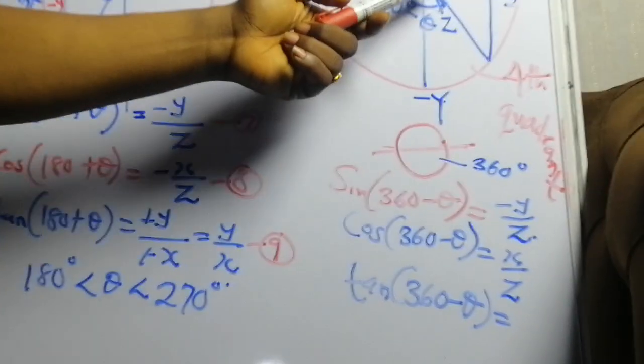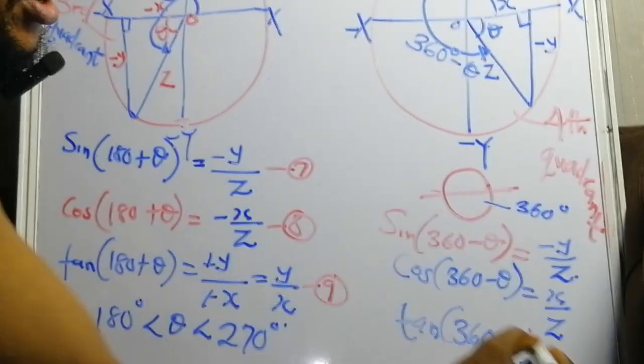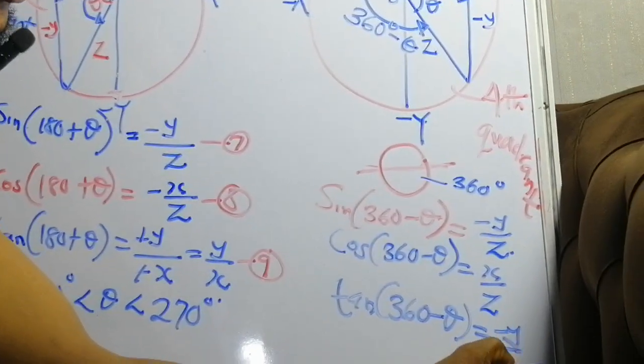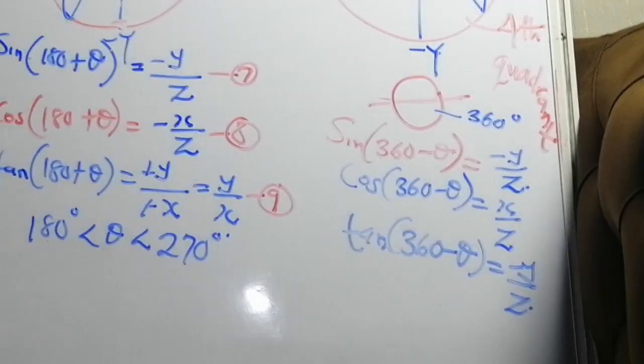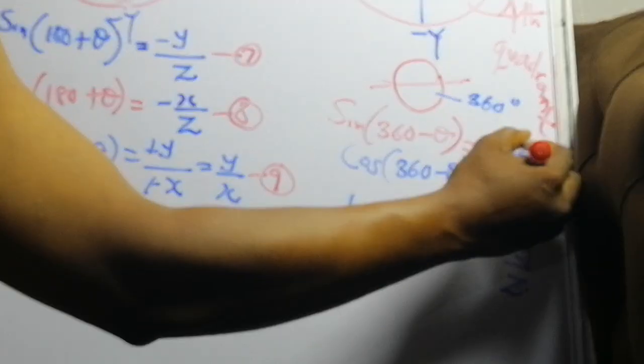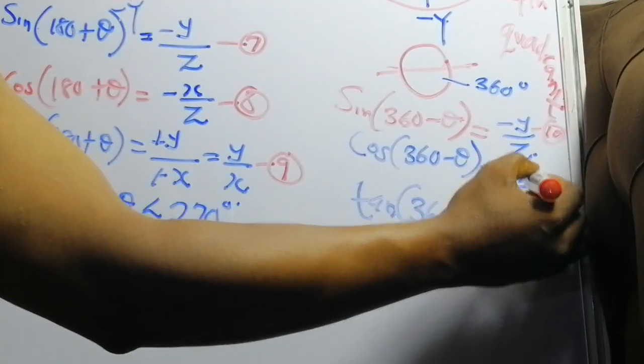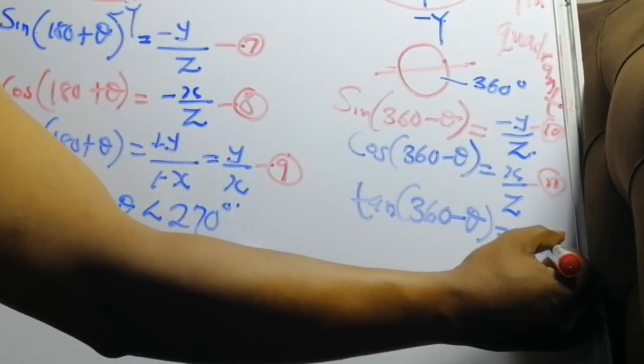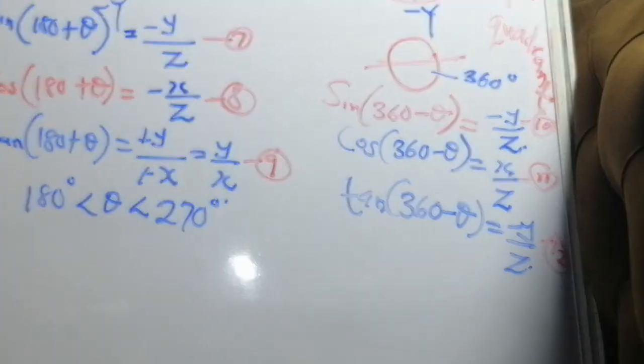So TOA. This is opposite over adjacent. That's minus y over z. So I can call this equation 10, equation 11, and equation 12.